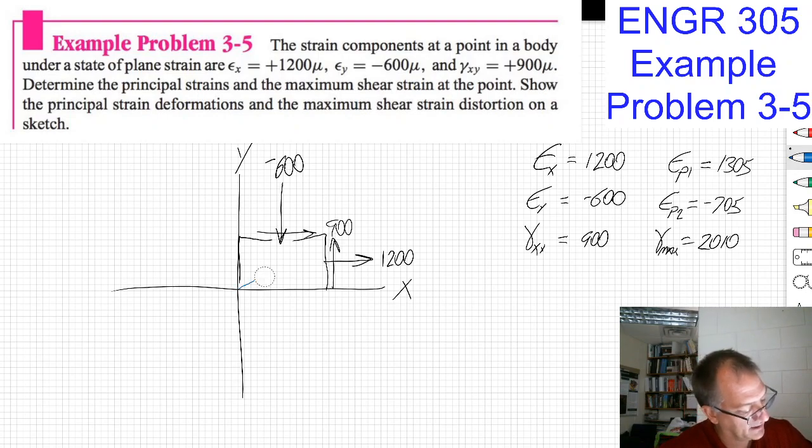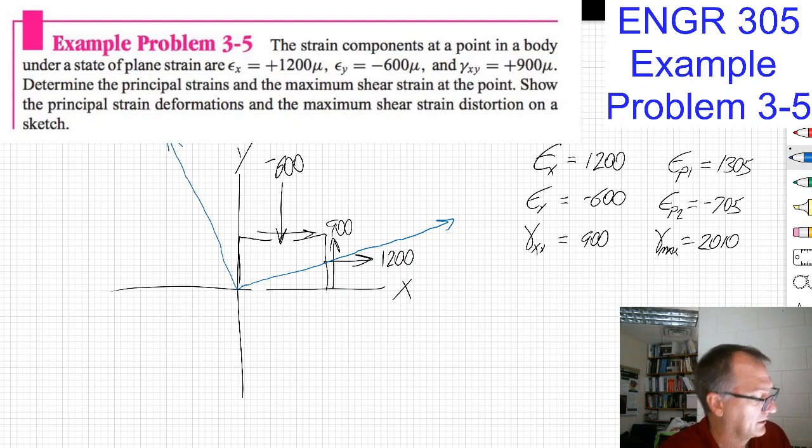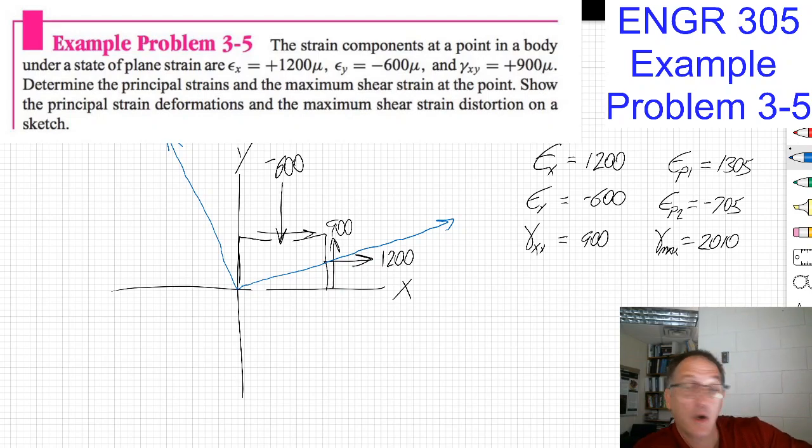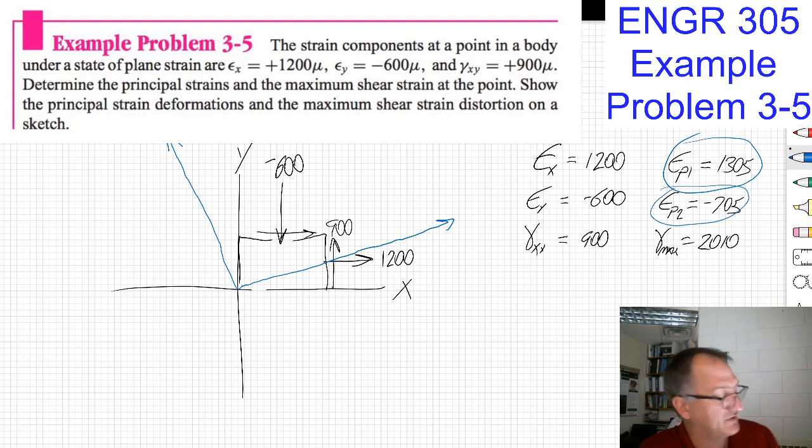Now, I know one of the angles is 13 degrees. No, that's too high. That's too high. Going to look more like that. And the other angle is perpendicular. It looks like that. Now, one of those is 1300 micro, and one of those is negative 700 micro.